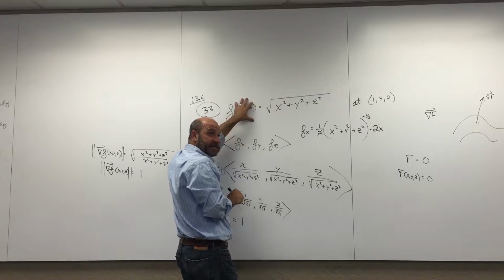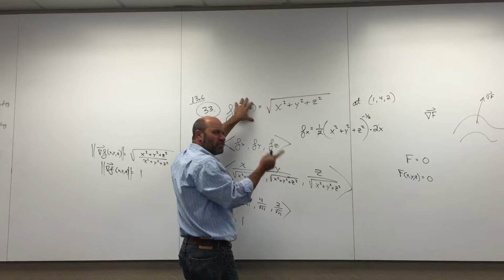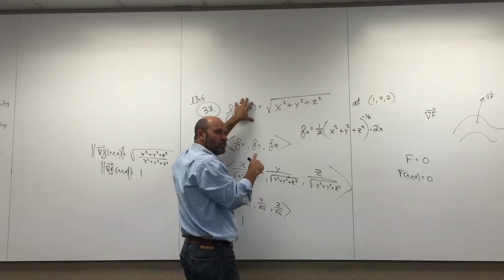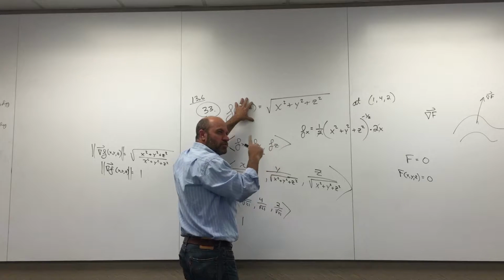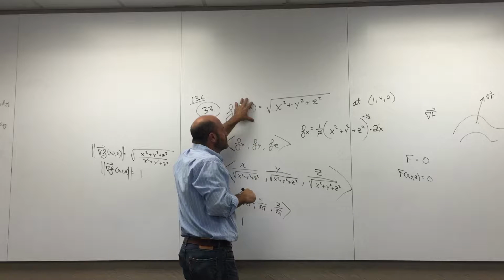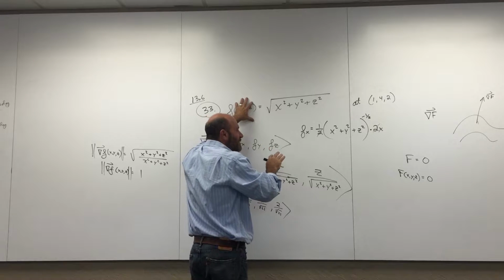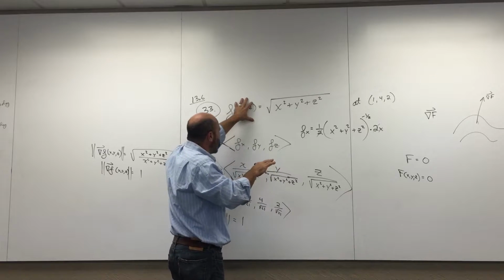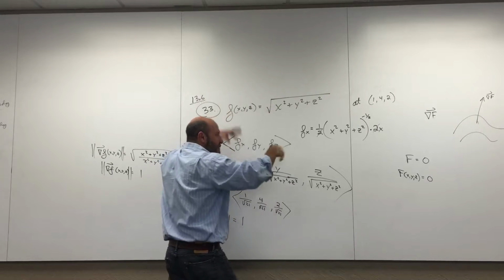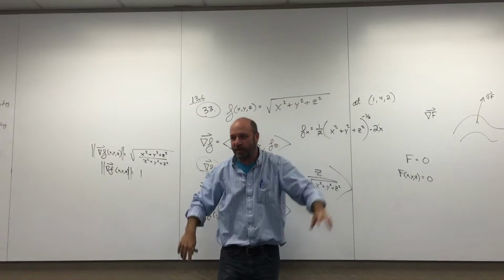I don't know what he is. Anyway, maybe I don't want to do this. I'm taking problem 33 and I'm adapting it to something else, and maybe I don't want to do that.